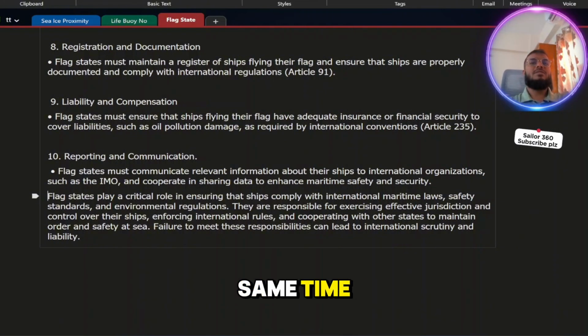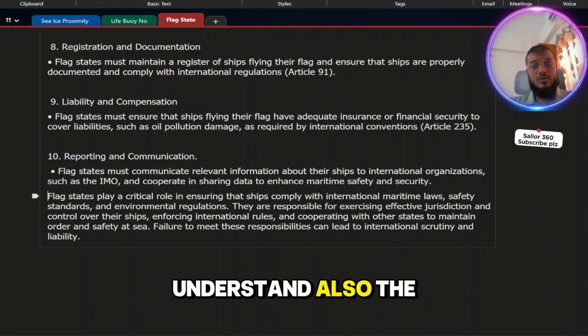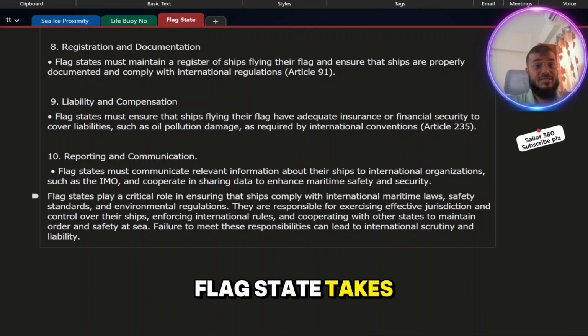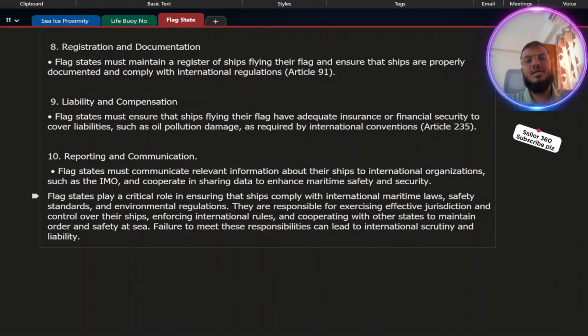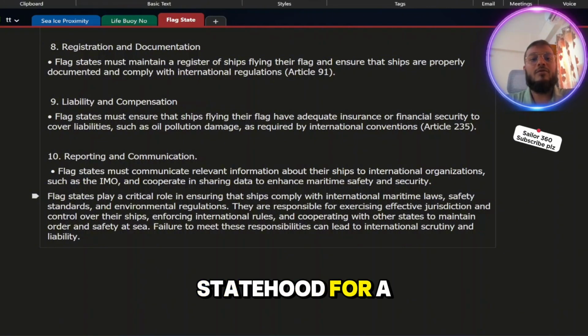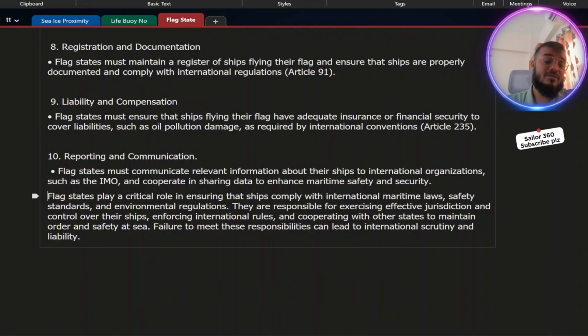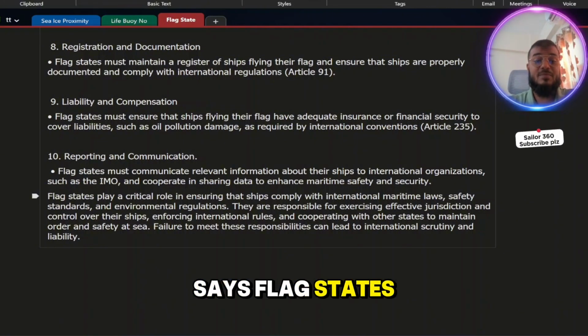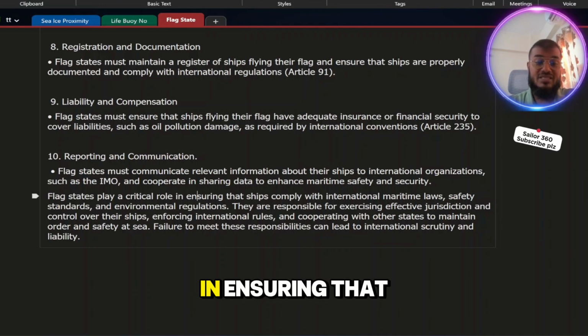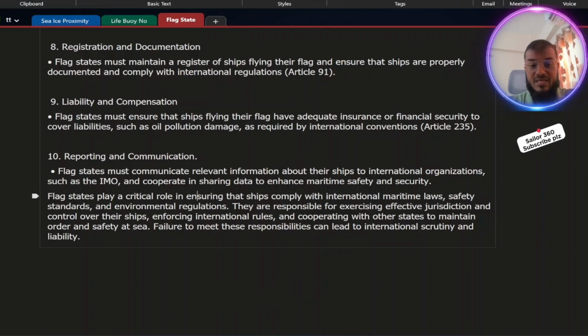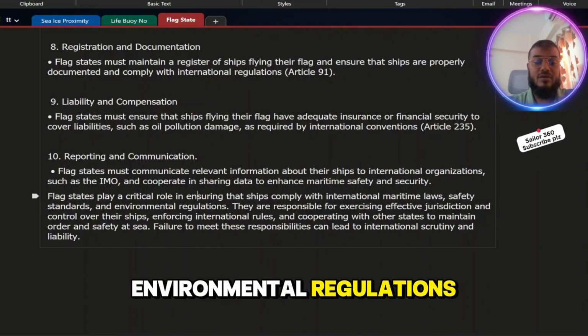At the same time, we have to understand that the flag state takes enormous responsibilities when it issues the statehood for a particular ship. Likewise, here it says flag states play a critical role in ensuring that ships comply with international maritime laws, safety standards, and environmental regulations.